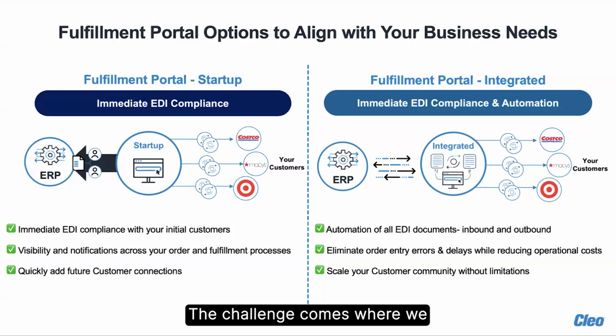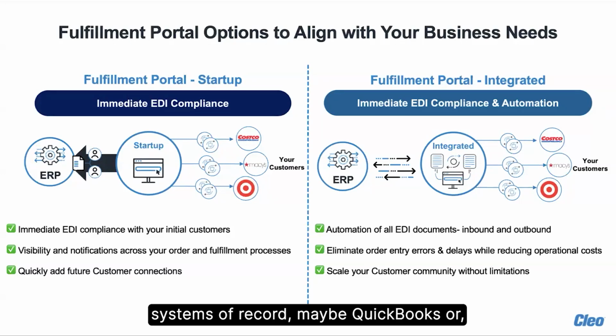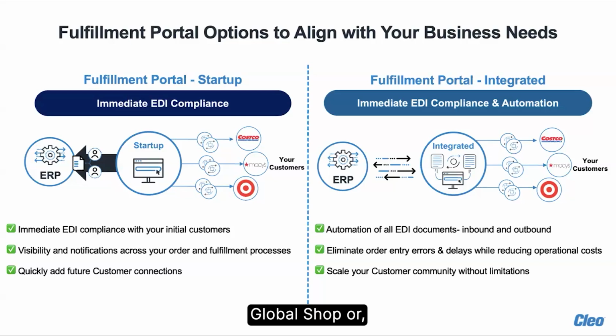The challenge comes where we have a lot of volume, where all of a sudden your order volume spikes. You have processes that you'd like to weave into your systems of record, maybe QuickBooks or Global Shop or Fishbowl, things like that, where manually keying that data into our portal and into your system of record becomes a little bit cumbersome.